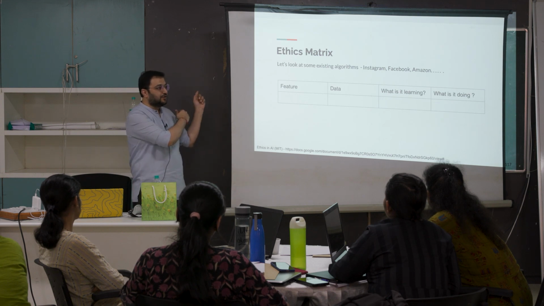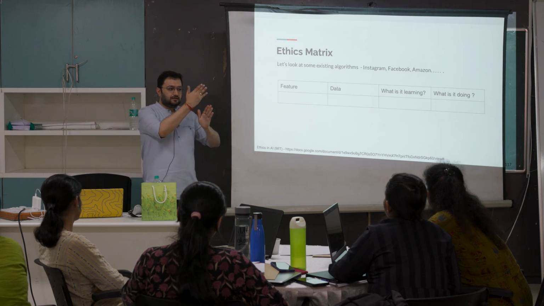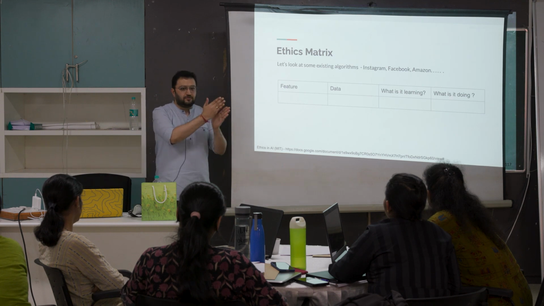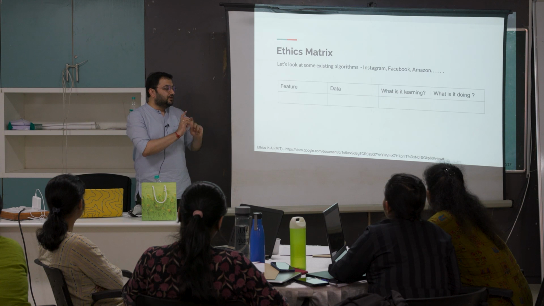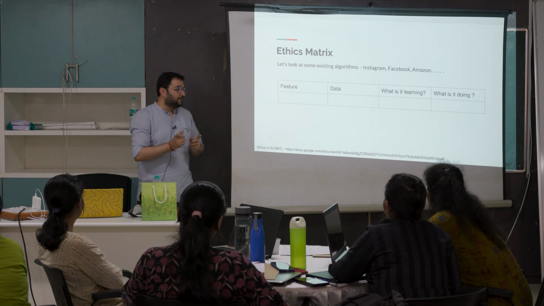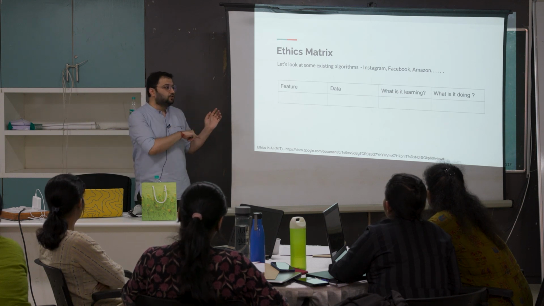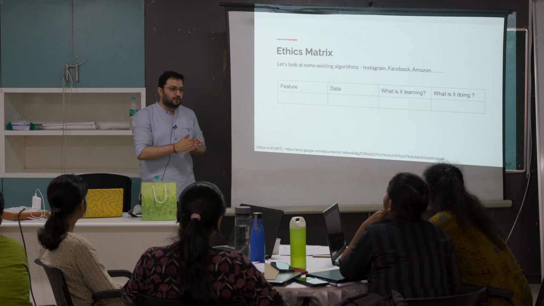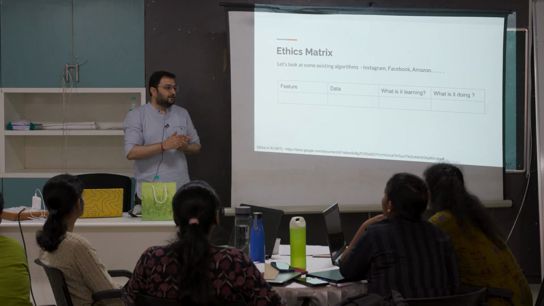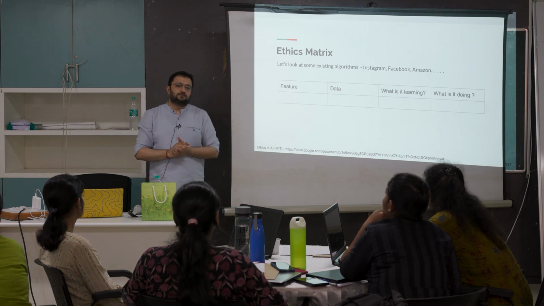Like in the school example, we had 4-5 stakeholders. Now we were thinking of whom the algorithm should optimize for. Now again for YouTube, who are the stakeholders? We are the stakeholders, the company is the stakeholder, the people who advertise on YouTube are the stakeholders, right? So what is the algorithm optimizing for?